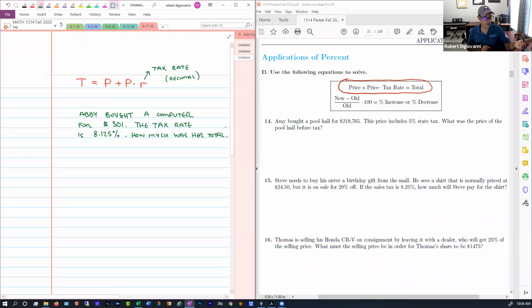Okay, so in this problem, P is the price, the sale price of the computer, which is 301. And then the tax rate is 8.125%, but we have to convert that from a percentage to a decimal. That means we take the decimal point and move it 2 places to the left, which creates a 0 in front of the 8.